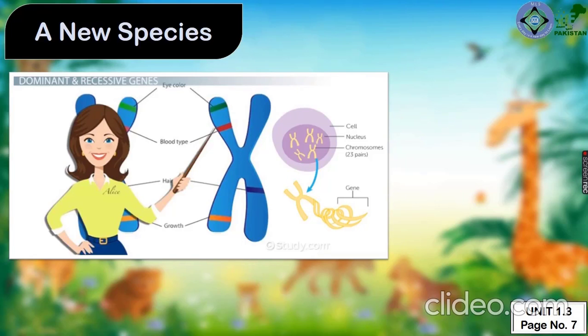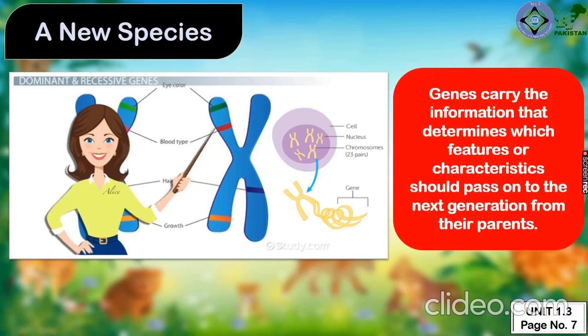Later you will study the details of genes and their formation. But for the time being, you just understand that genes carry the information that determines which features or characteristics should pass on to the next generation from their parents.